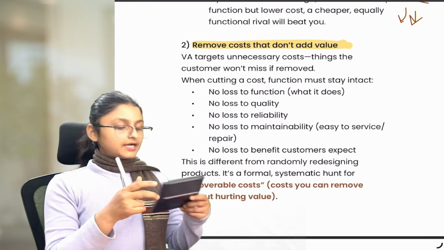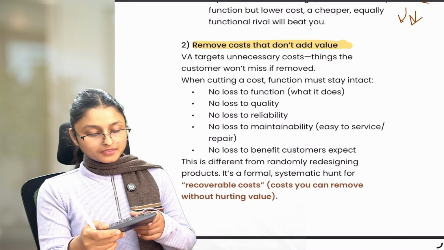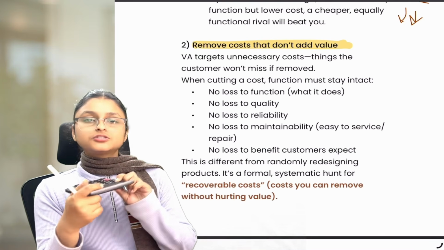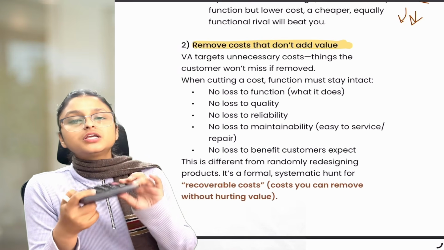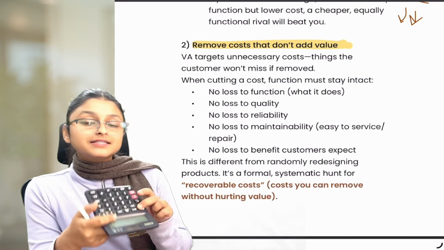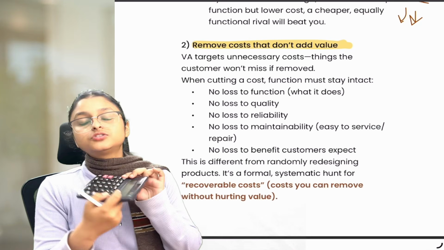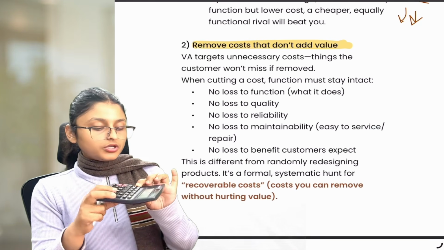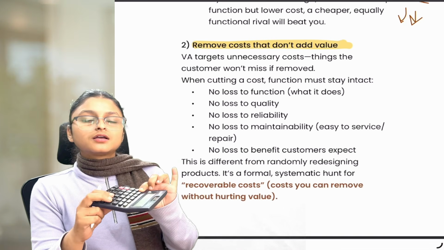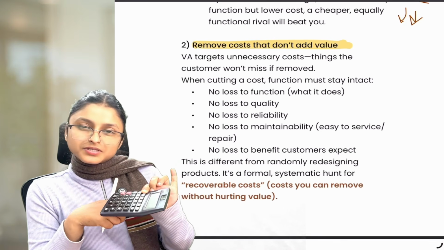Let's assume that in this calculator, this button is of no use. The customer is not at all using it. Every customer to whom we are selling this calculator, no one is using this button. Let's take an example like that. So even if I remove that, no customer is going to miss it.